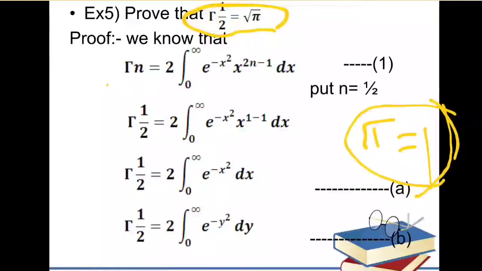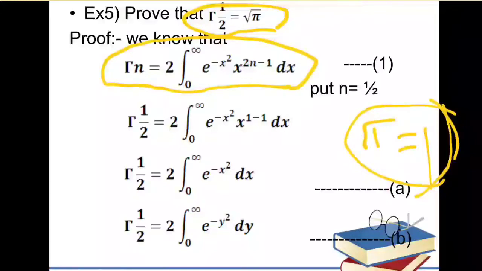See here, we know the definition of the gamma function, and I just discussed one example, that gamma of n we can also write in this form. So gamma of n we can write as twice the integral from 0 to infinity of e raised to the power minus x square, x raised to the power 2n minus 1 dx.